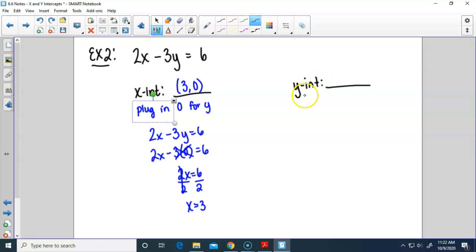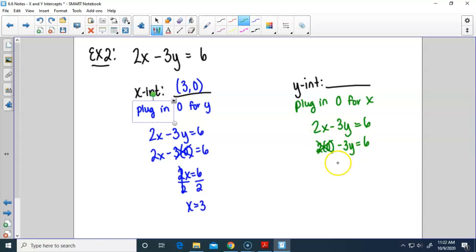For our y-intercept, we're going to plug in 0 for x. So in 2x minus 3y equals 6, I'm replacing this x right here with a 0. So 2 times 0 minus 3y is going to equal 6. 2 times 0, that's just 0.